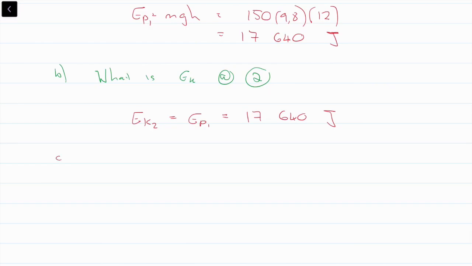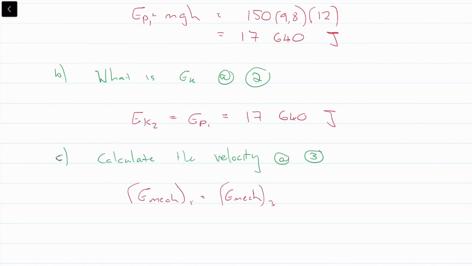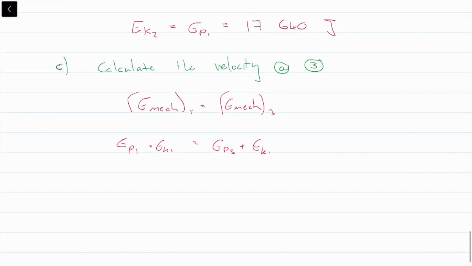Okay, so calculate the velocity. Question C is going to say calculate the velocity at point 3. We're going to use conservation of mechanical energy here. So Emech at 1 is equal to Emech at 3. So EP1 plus EK1 is equal to EP3 plus EK3.